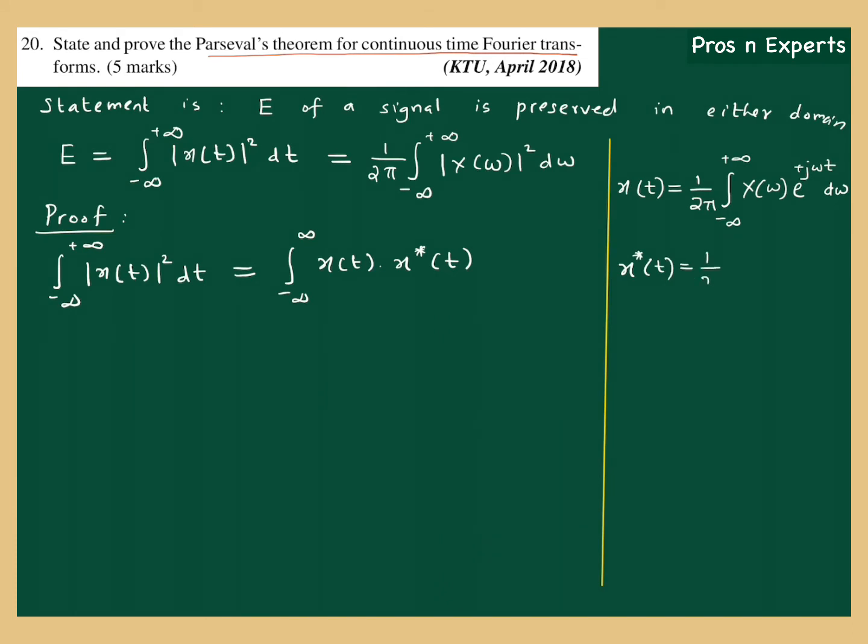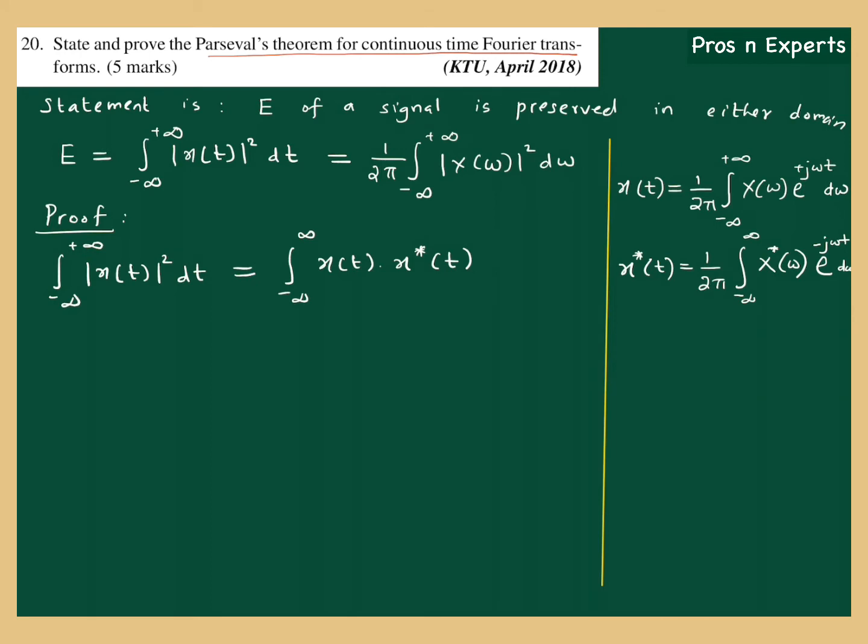It is 1 by 2 pi integral minus infinity to infinity x of omega becomes x star of omega, because that is the complex part, and e raised to plus j omega t becomes e raised to minus j omega t d omega. Okay, I think that's clear.